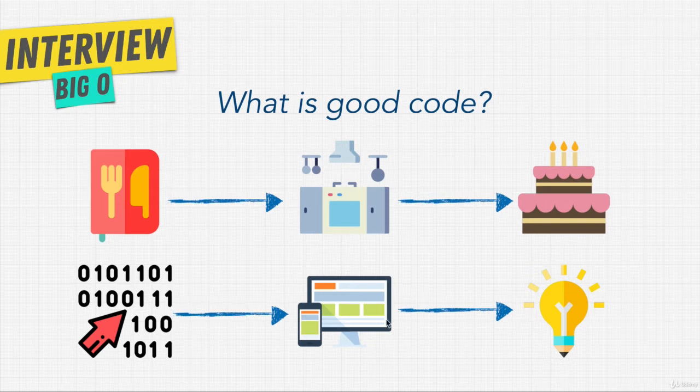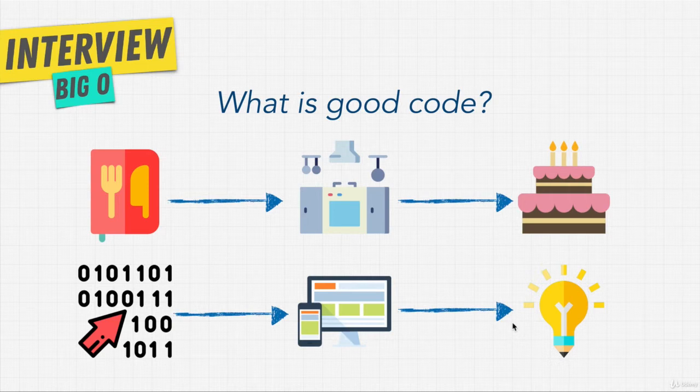We give the computer instruction to say, hey, turn on the light in our room. A coder is someone that gives these instructions. Just like there are many ways to bake a cake in the kitchen, with many recipes, ingredients, and instructions, there are many ways to solve a problem through code. There are efficient and inefficient ways to give instructions.